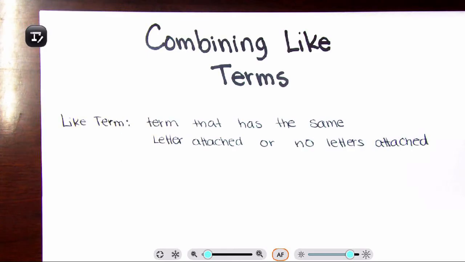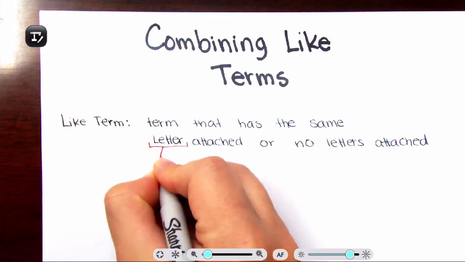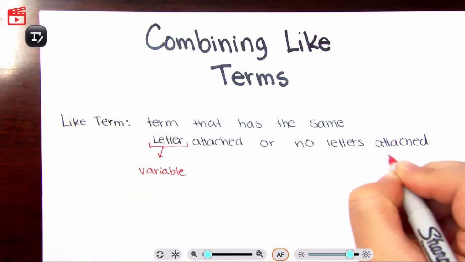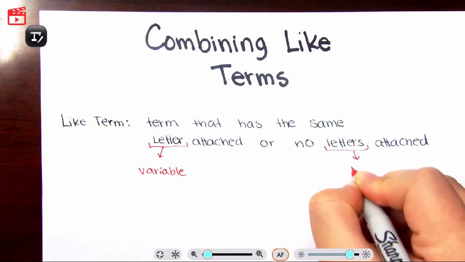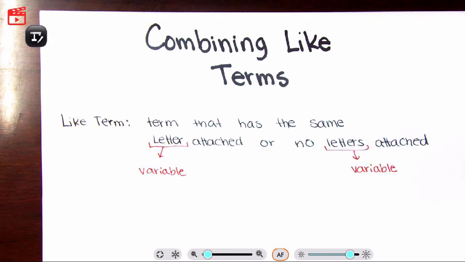Now, if you recall from our previous video, a letter is considered a variable. And a variable represents an unknown number. All right, so a variable is an unknown number.